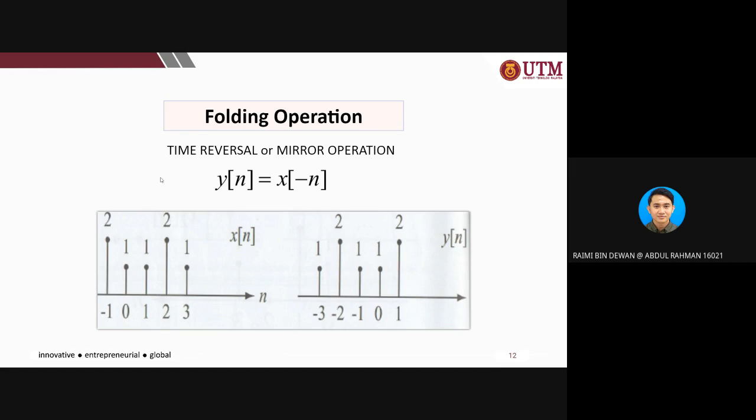So you see here x[-1], at n equals -1, it is 2.